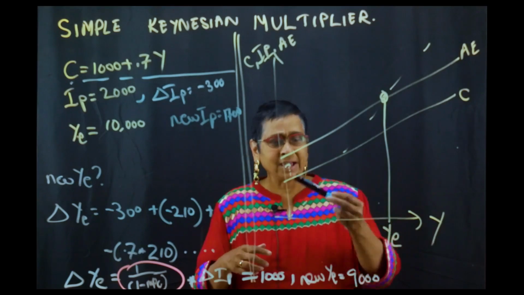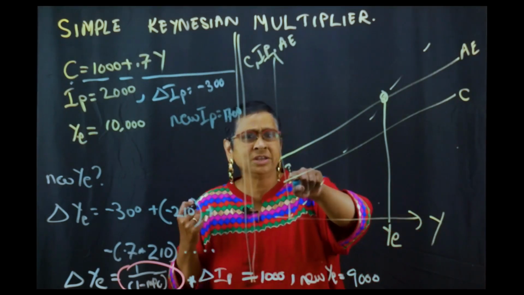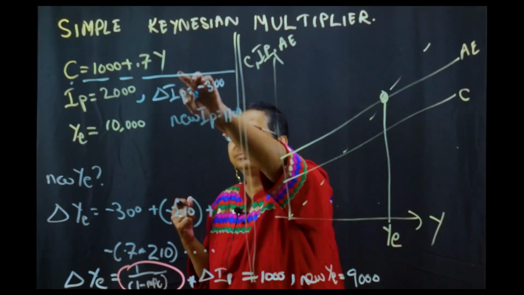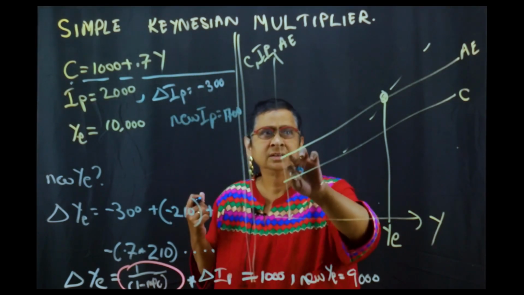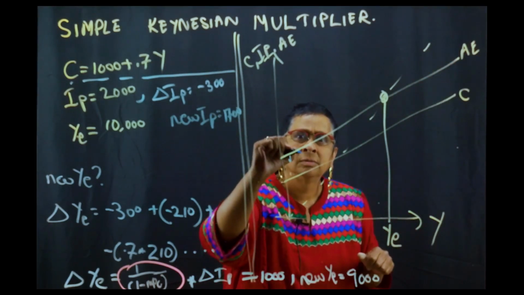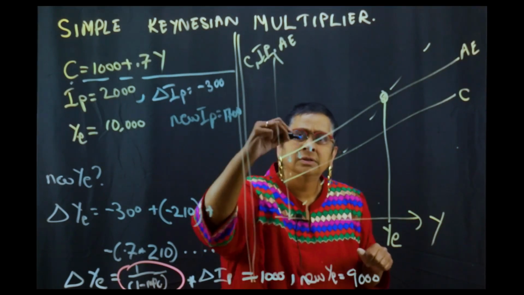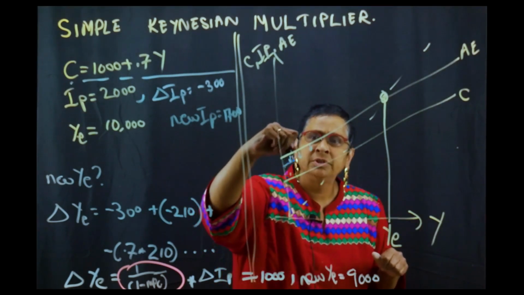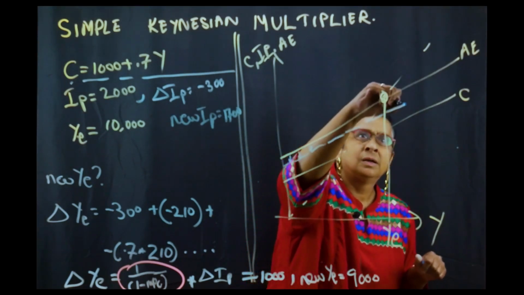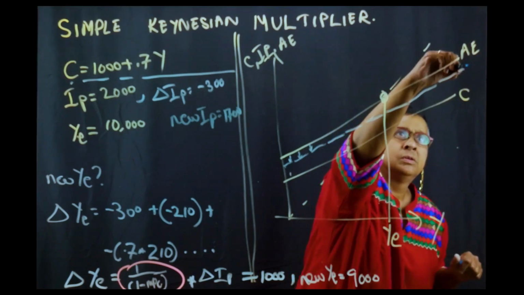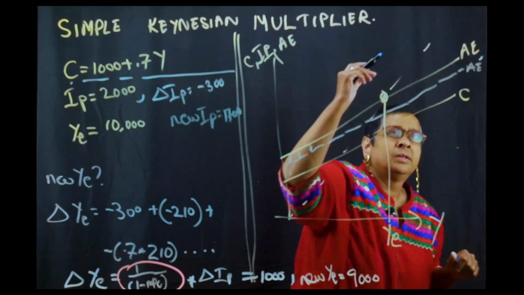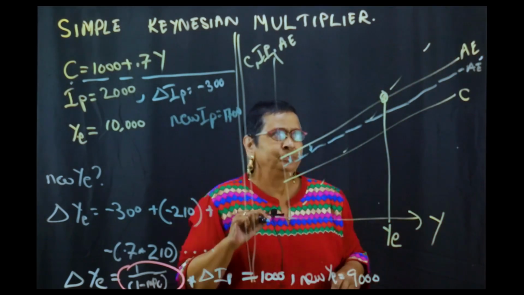And you can show that in this graph. So here it is. I went from C and I added 2,000 to get AE, but that dropped by 300. So here I'm going to give you a nice dashed line that's the new AE.